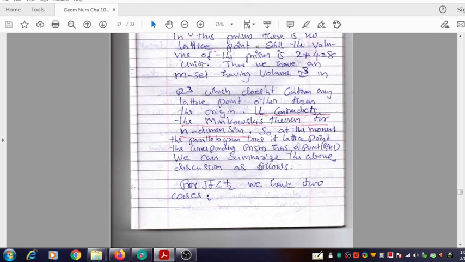If it does not belong to the cross section, then the Z value of the lattice point is an integer but not equal to 0. Hence we have to say that the Z value of the lattice point is either +1 or -1.